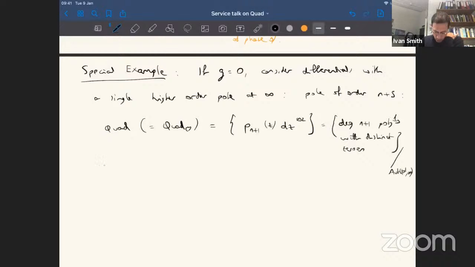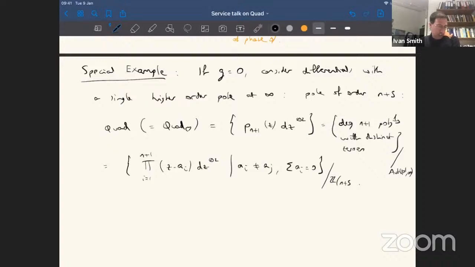So concretely, this looks like the product of (z minus a_i) dz squared, where the a_i are pairwise distinct, and we can assume they sum to 0 by using part of our symmetry group, and that just leaves us an action of the n+3 roots of unity multiplying z by some root of unity. So modulo an action of Z mod n+3.